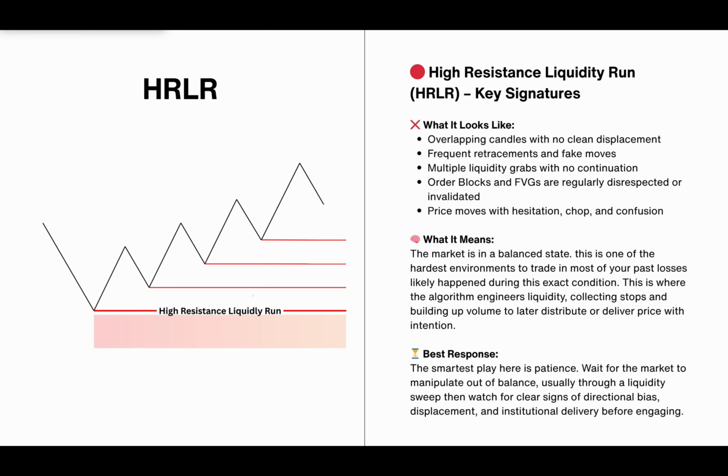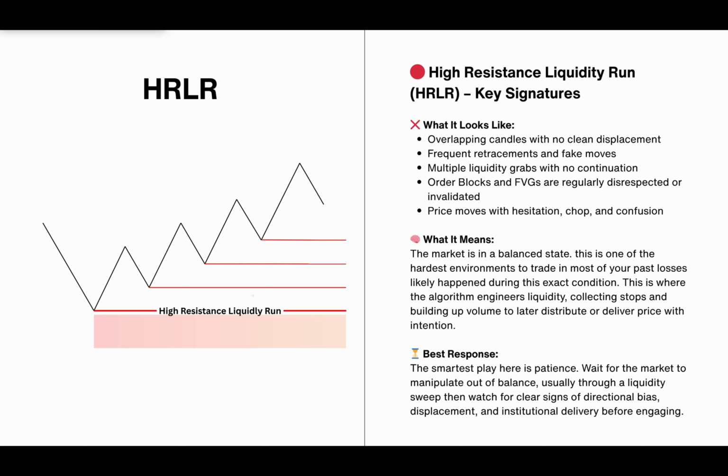When the market is in balance, it is not the best condition for us to trade, because we both know that if something's imbalanced, that means there's no true reason to be delivered from one phase to the next. So in a balanced market is usually when you start to see high resistance liquidity being formed.